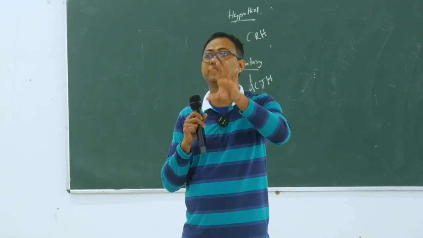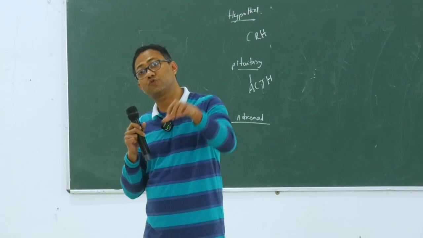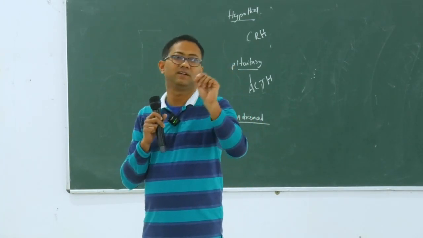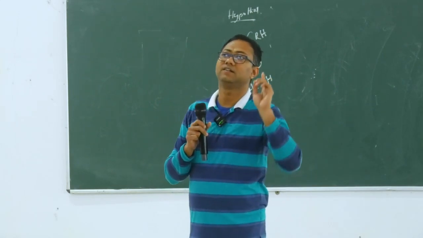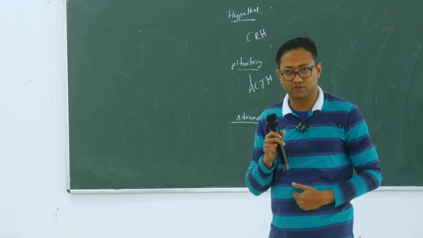These are symptoms of Cushing's syndrome, but what is Cushing's disease? Cushing's disease is also a Cushing syndrome, but the difference is that it is due to a central cause, not a local cause.